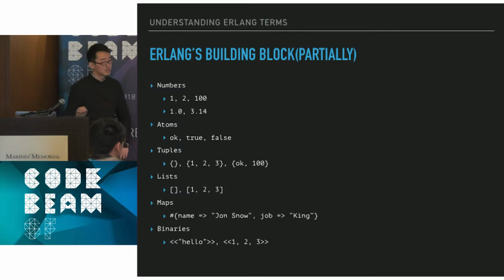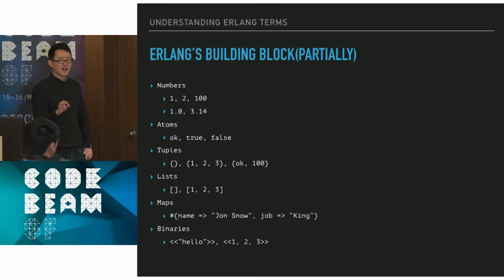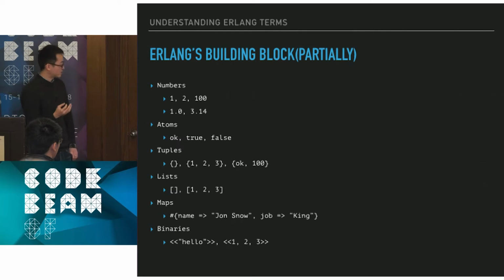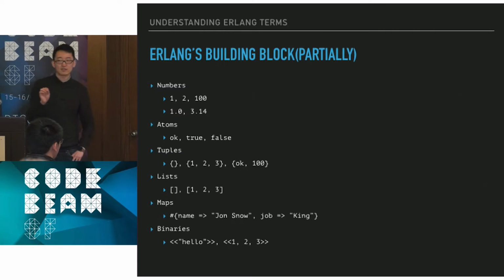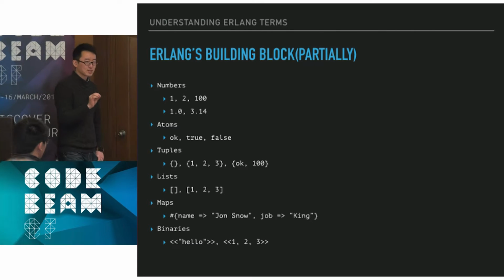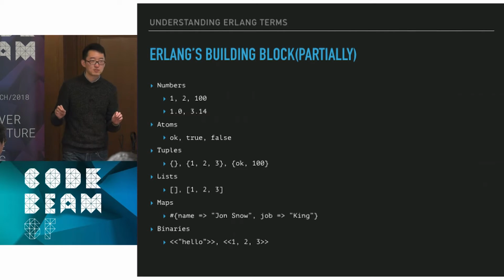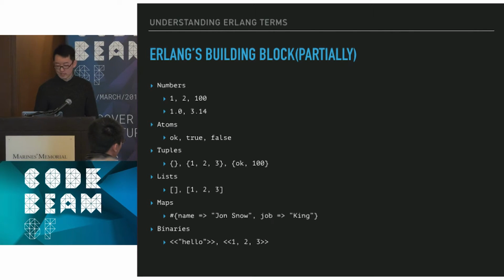This is Erlang's building block. Assume this is all of Erlang's types that we want to implement. As you can see, we have integers, floats, atoms, tuples, lists, maps, and binaries. So here we have 7 types. The most naive implementation would be, now that we have 7 types, we can use 3 bits to represent them, because 2 to the 3 is 8.